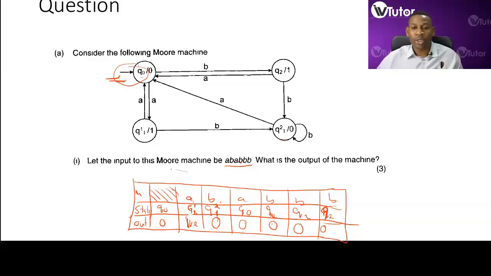So we've got Q naught engine counter in A, go to Q1. Then, okay, so let's just redo this one. I'm seeing something there.